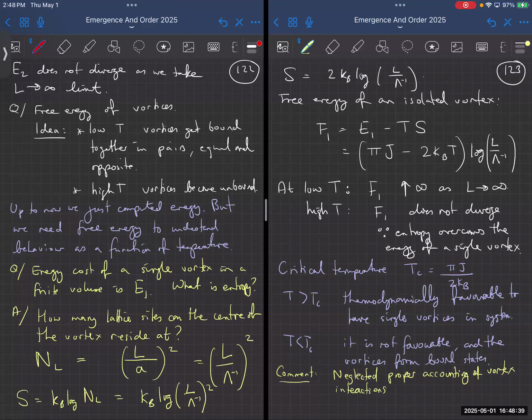And then, of course, the other thing you have to worry about is how far apart all the different vortices are. They may form bound states on many different scales. So, in fact, the only way you can solve this properly is to do a renormalization group. That was done by Kosterlitz and Thouless, and so all of this was worked out properly. So we've neglected the proper counting of vortex interactions and the scale dependence.